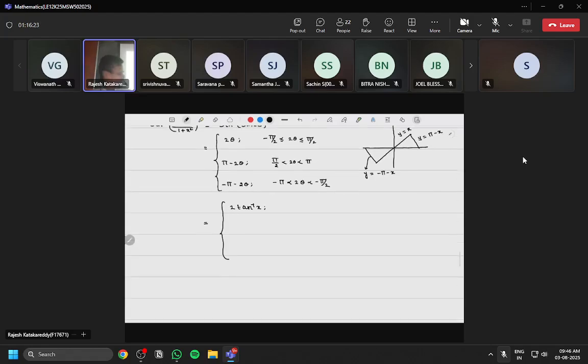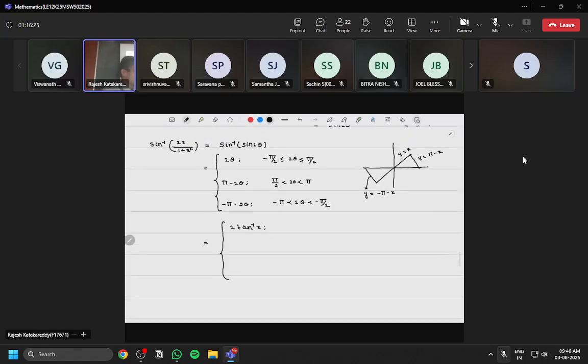See here, if 2 theta is in this interval, theta will be minus pi by 4 less than or equal to theta less than or equal to pi by 4. Tan is increasing, taking tan on both sides. Tan of minus pi by 4 is less than tan theta, which is less than tan of pi by 4. Right? So I can say this will be minus 1 less than or equal to x less than or equal to 1.